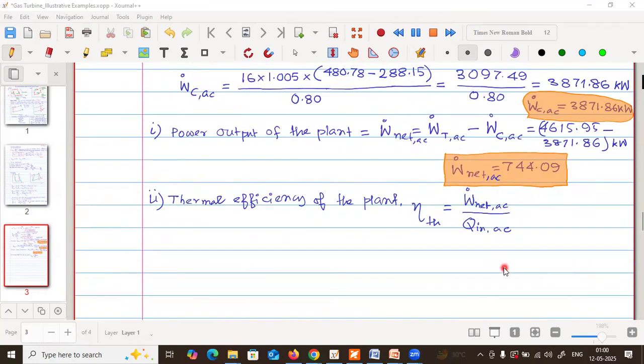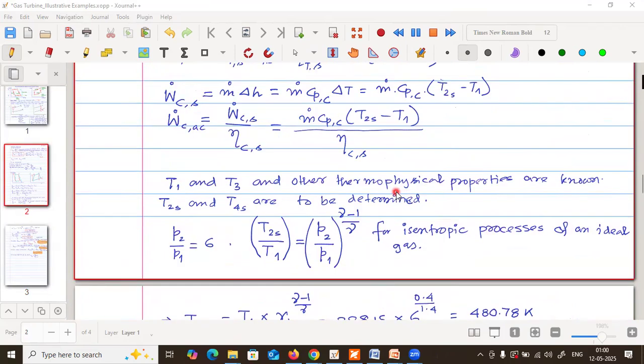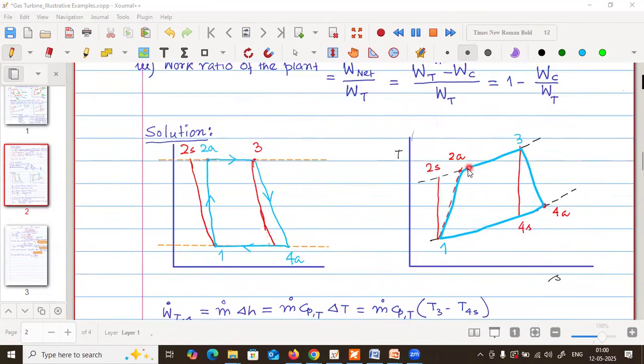So Q in actual means heat input in the actual cycle. So what is that? Actual cycle heat input, this one. This is the heat input. So 2A to 3, that is the heat input.